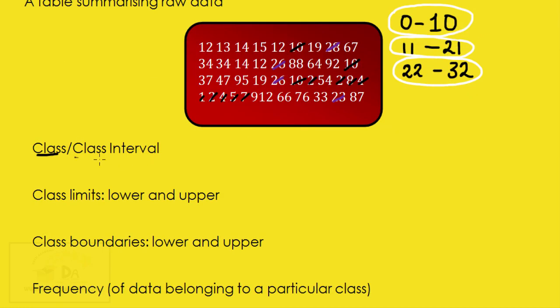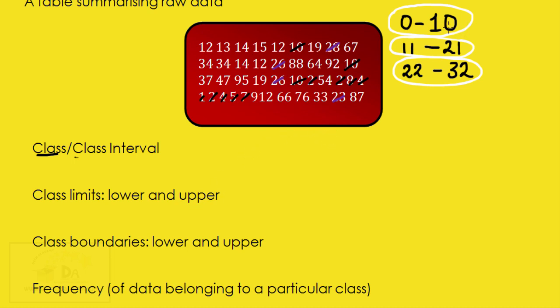One thing you need to notice, so we're on class limits now, you know what a lower class limit is and what an upper class limit is. Just to reiterate, the lower class limit of a class is the smallest number that can belong to that class. The number doesn't necessarily have to be in the raw data you're given. The upper class limit is simply the largest number that can belong to a certain class.